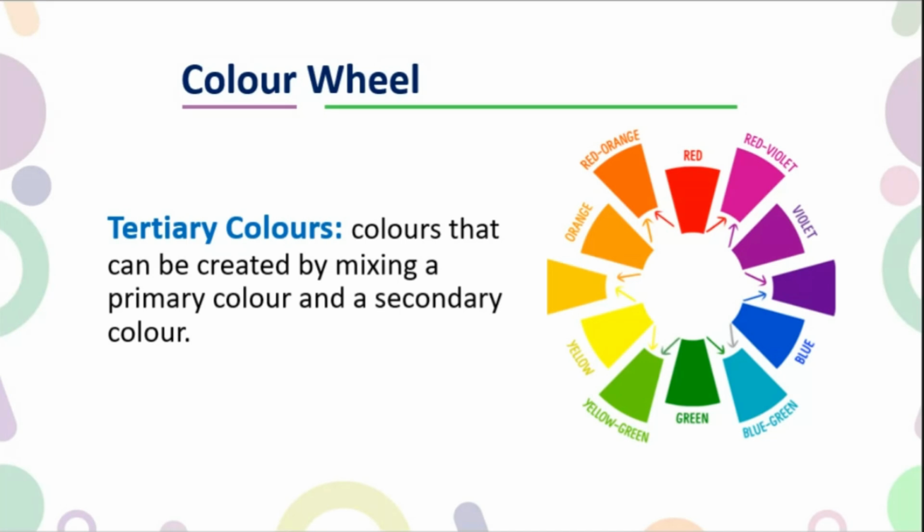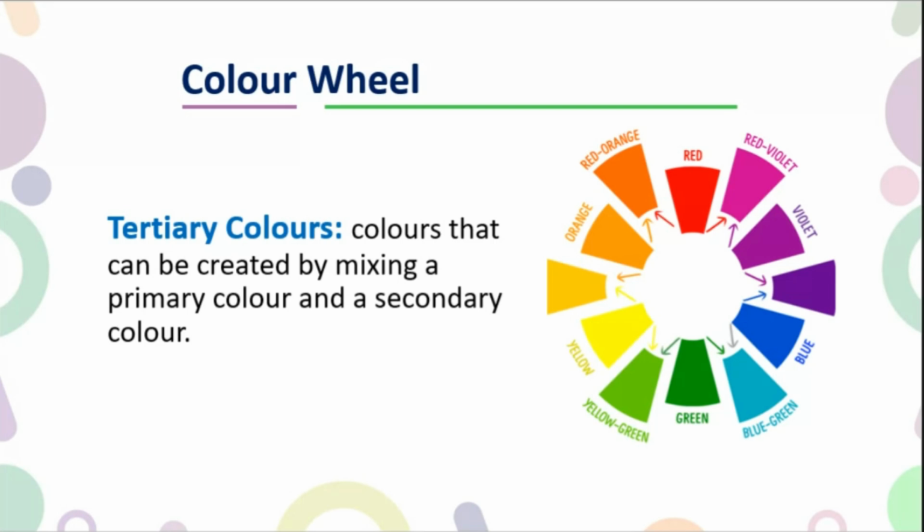So we will look also at the tertiary colors. When we talk about the tertiary colors, when you take one primary color, then you mix it with a secondary color, that's when you get what we call the tertiary color.